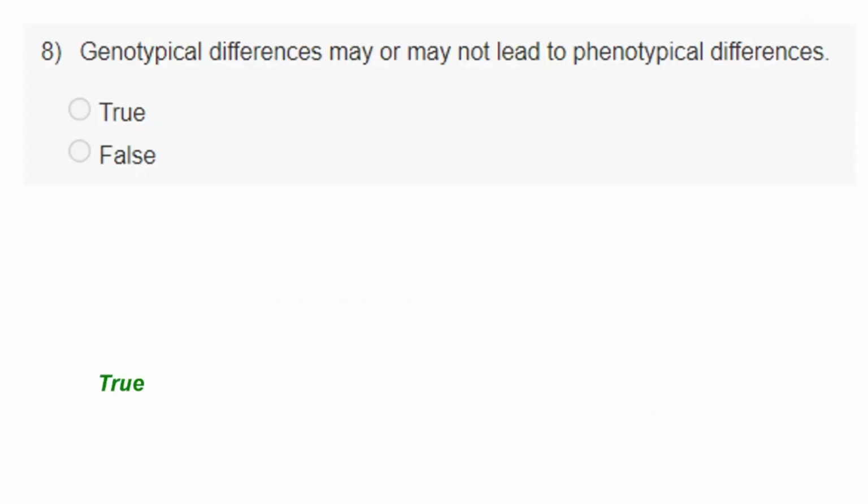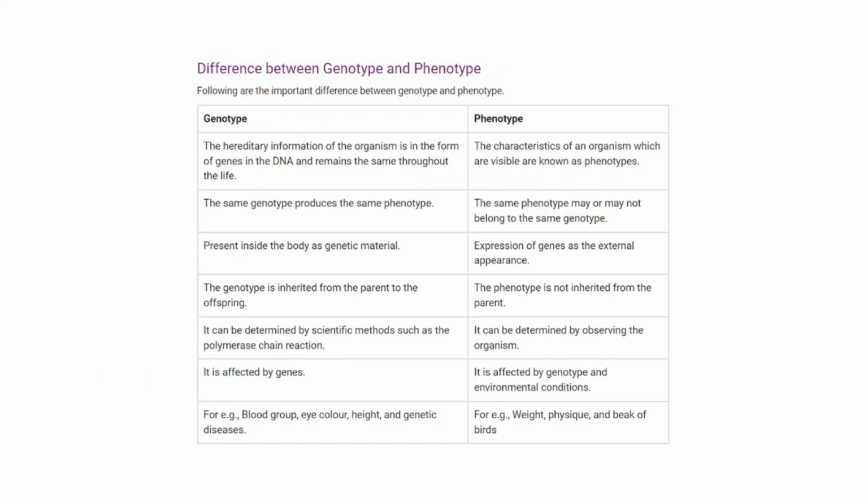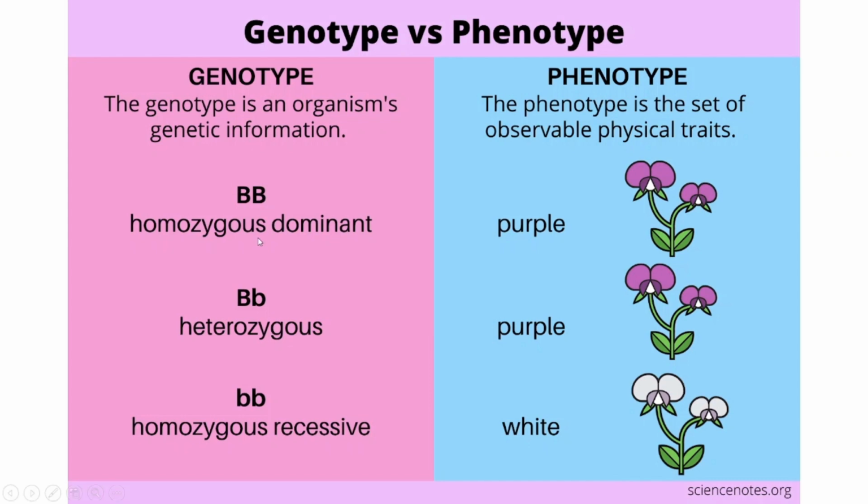So the question was, genotypical differences may or may not lead to phenotypical differences. So that's why it's true. These two are genotypically different, capital B, small b. The homozygous dominant and the heterozygous, these two are genotypically very different. One has two capital B's, one has one capital B and small b. So genotypically they are different, but they are not leading to any phenotypical differences.